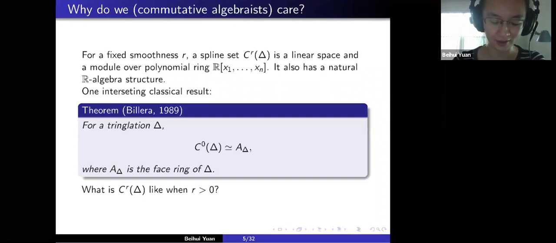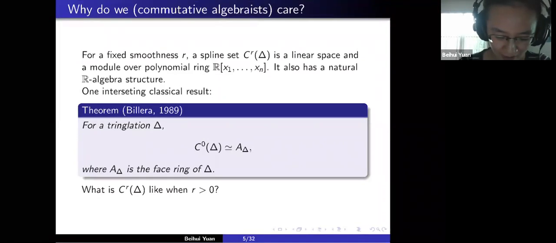And why do we commutative algebraists care? This is because a spline set has rich algebraic structures. For example, first of all, it is a linear space, right? So it is closed under addition and scalar multiples. It is also a module over a polynomial ring. And it also has a natural R-algebra structure.